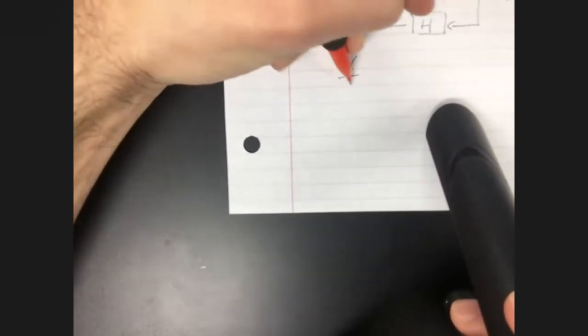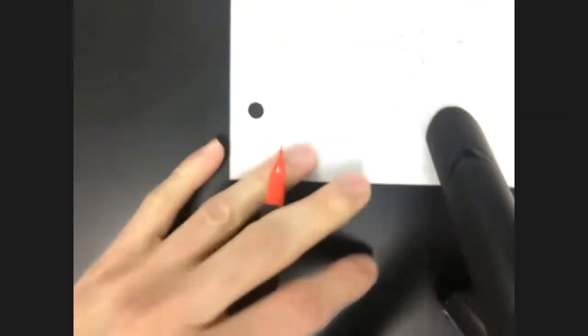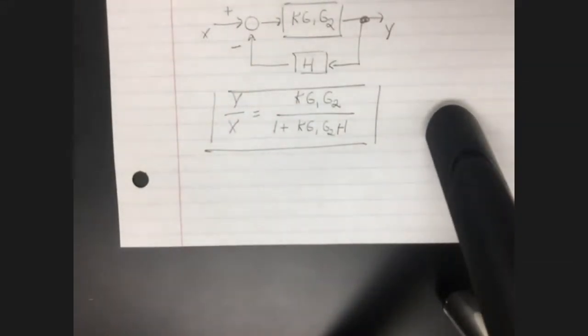So I can use the exact same structure and say, well, my Y over X is going to be equal to direct path over 1 plus the product of the 2 of them. So in my direct path, I've got KG1 G2, over 1 plus KG1 G2 H. And that is going to give you the ratio of Y over X, which is your transfer function.